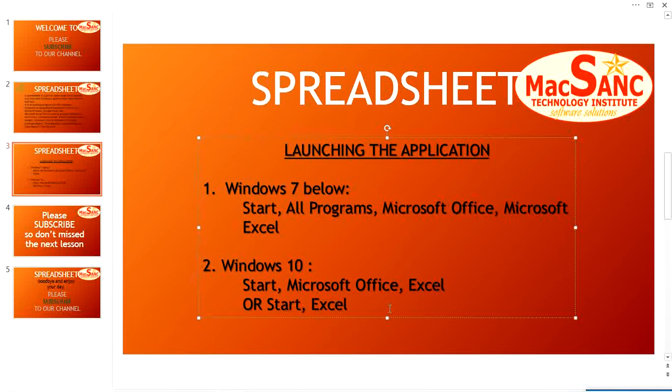But if you are using the advanced ones, 2016 and 2019, all you need to do is click on your start button, look for Excel, and then click on it. Everything is arranged in alphabetical order, so you just have to scroll to E.